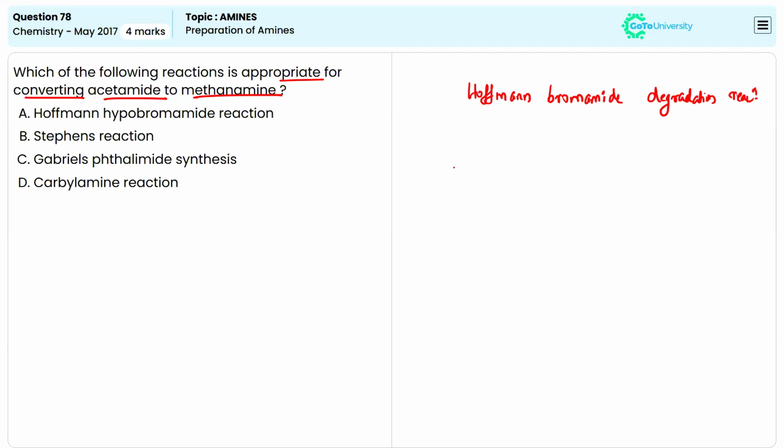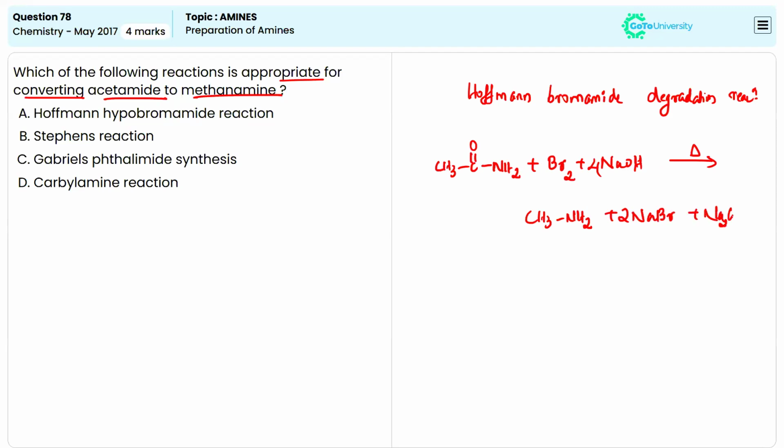First, we have to choose the acetamide, that is CH3CONH2. This is acetamide. When it reacts with bromine in presence of sodium hydroxide, we can write the balanced equation for NaOH, followed by heating, it will produce methanamine, that is CH3NH2, plus 2NaBr, plus the side products Na2CO3 plus 3H2.